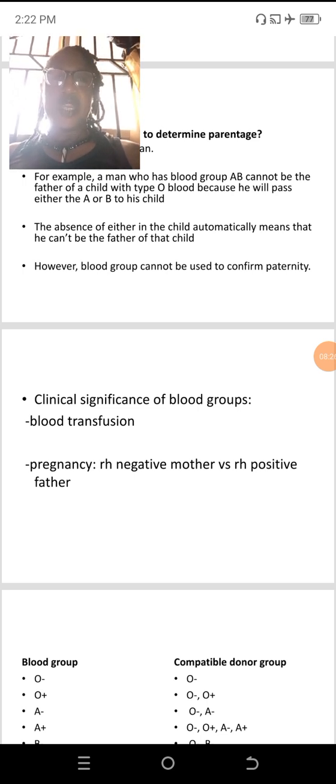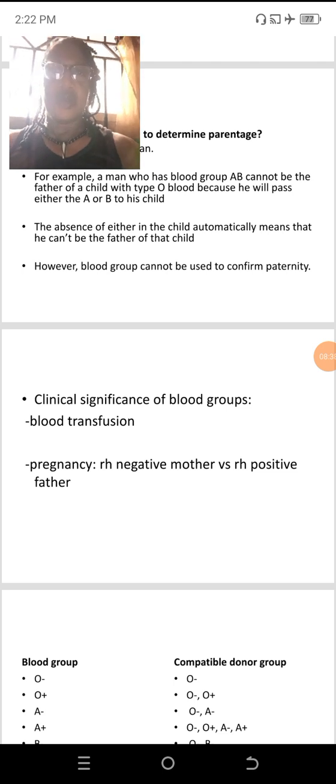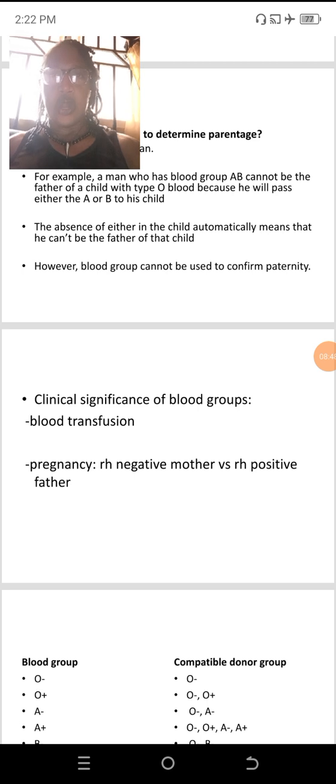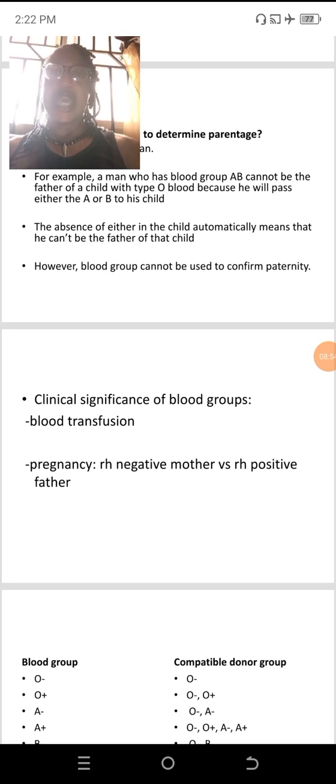And if the baby in the womb is rhesus positive, then the immune system of the mother will develop some substances or molecules that are called antibodies. And these antibodies will now destroy the blood of the baby that's inside the womb.